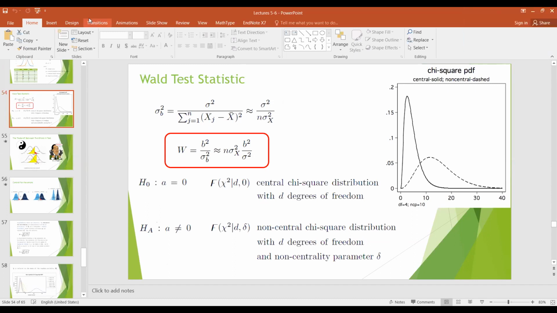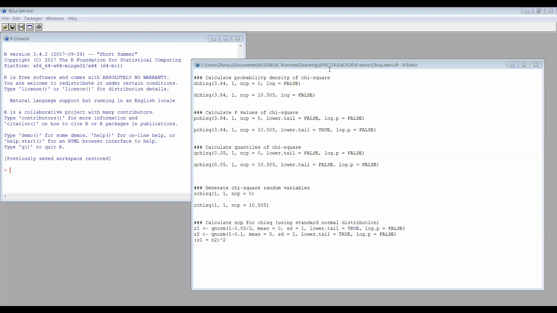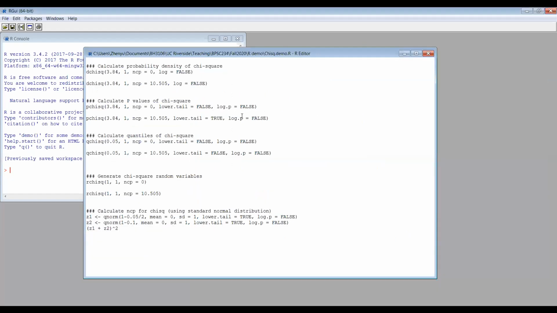Okay, let me stop sharing first. And let me show where's my R? Okay, here. All right, so you can see my screen, right?